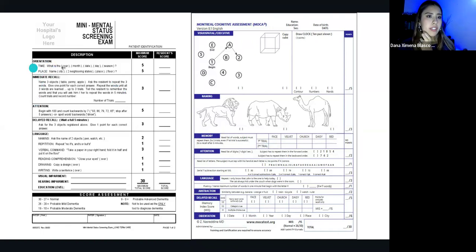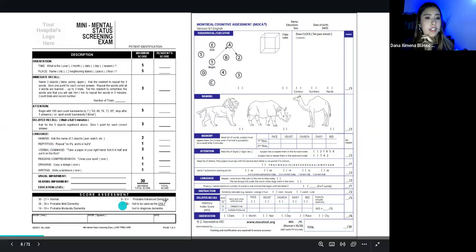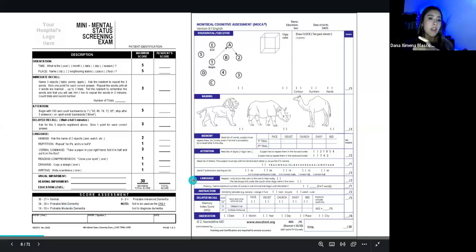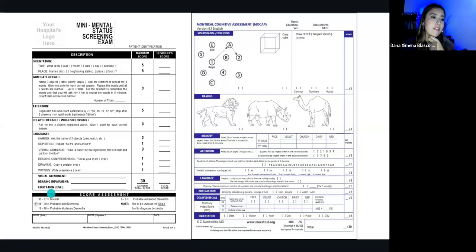Orientation, time, place, immediate recall, attention, delayed recall, language, visual impairment. And with the score assessment, we could determine that the patient is normal, with proper cognitive function, if they score from 30 to 27 points.